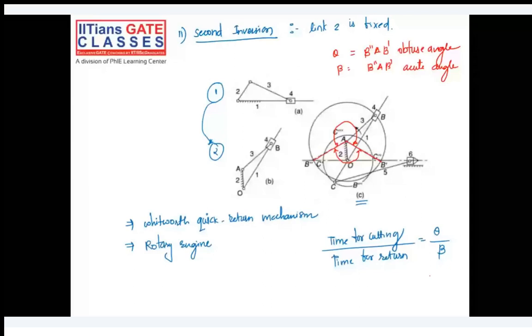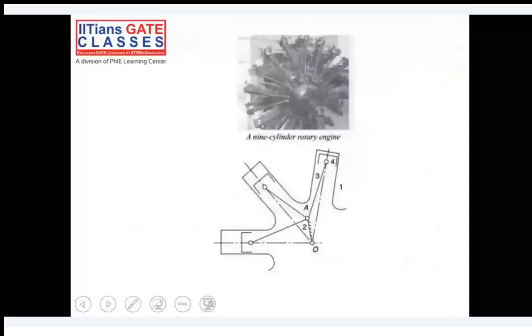In the rotary engine you can clearly see this is link 3, link 2, which is fixed. Link 1 is actually this one.